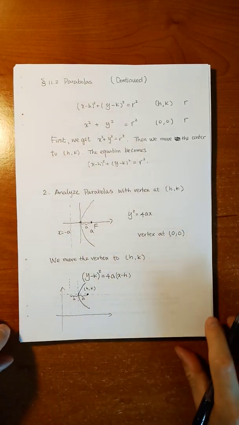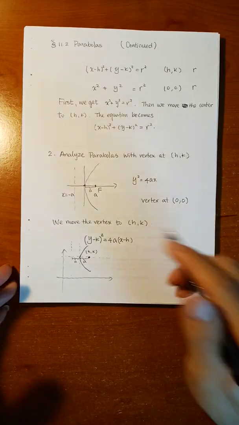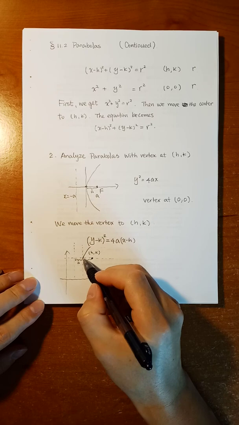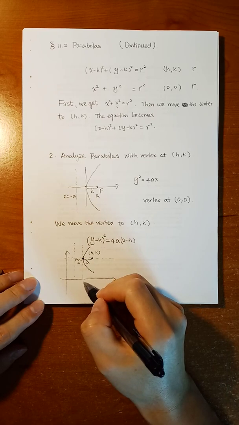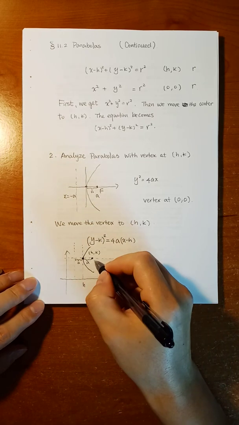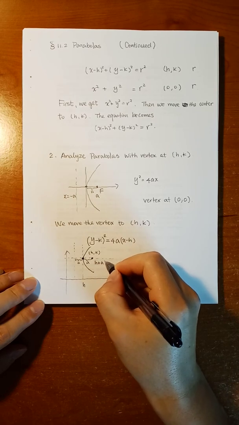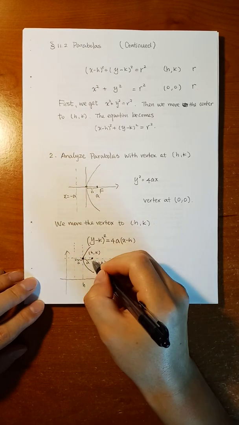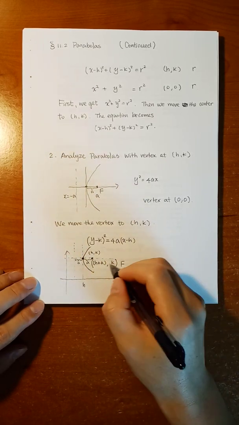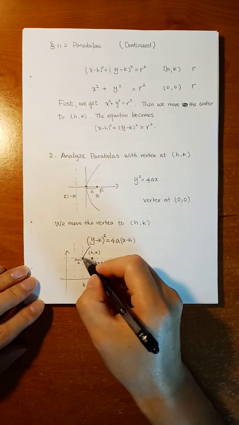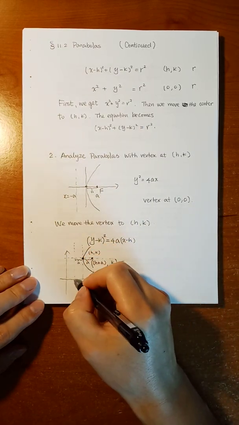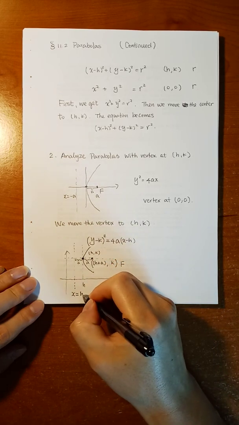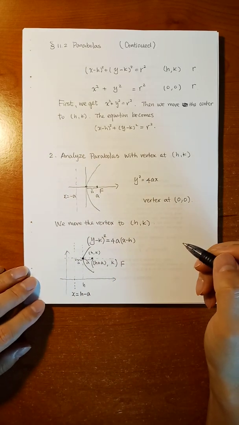This is A. But that's a distance, so back to the coordinates: this point's x position is h plus a, and the horizontal one is k. This is the focus, the new coordinates for the focus. Here, moving to the left, x is h minus a.